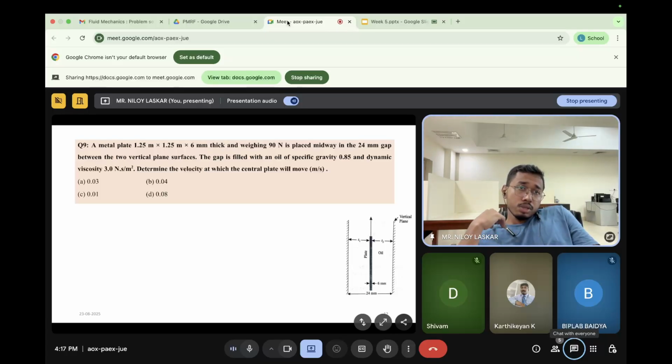It's based on the concept of body force and buoyancy force, and also since viscosity is given, the concept of viscosity will definitely come. So please try.